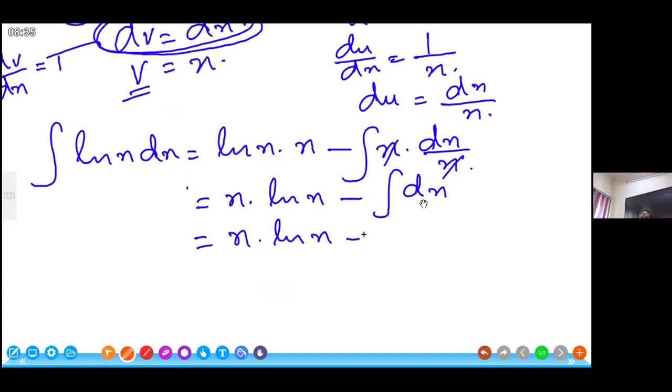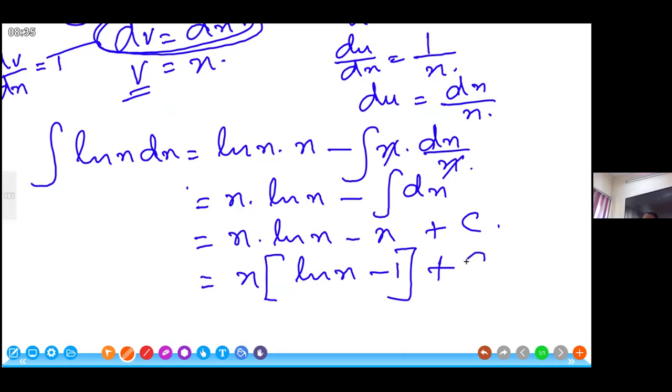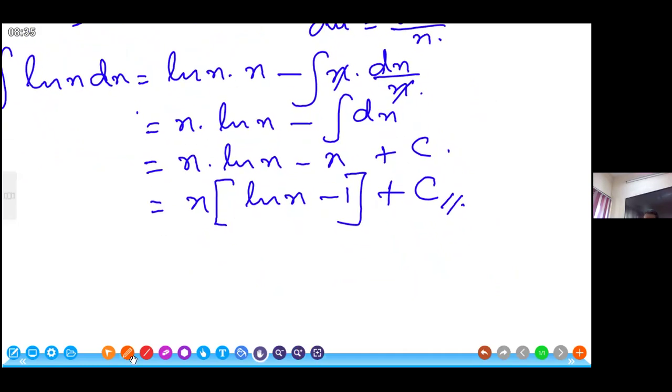What is the integration of dx? x, yes. x plus c. So we could say x is a common term, take out: x times (ln x minus 1) plus c. So this is my answer.